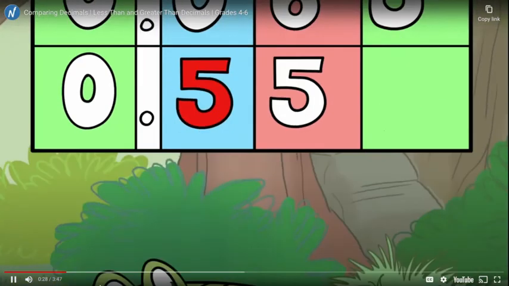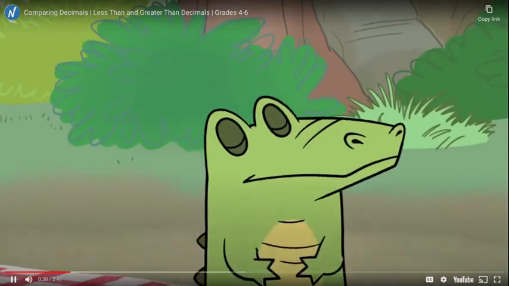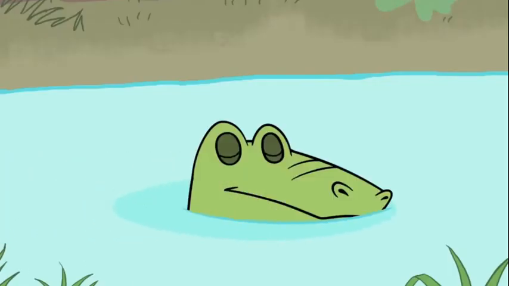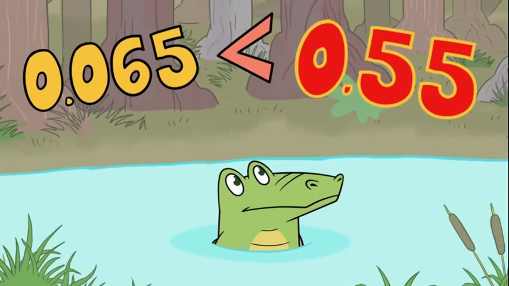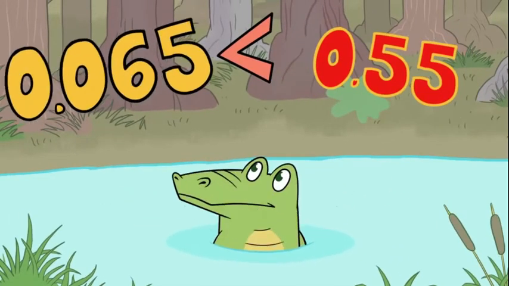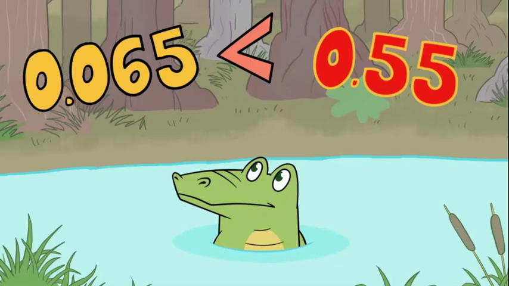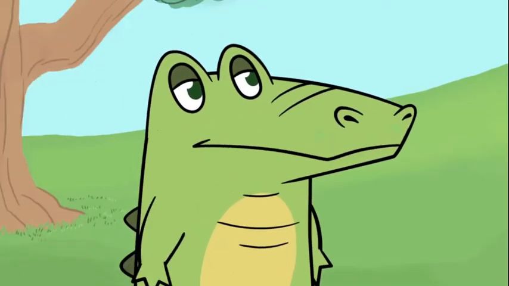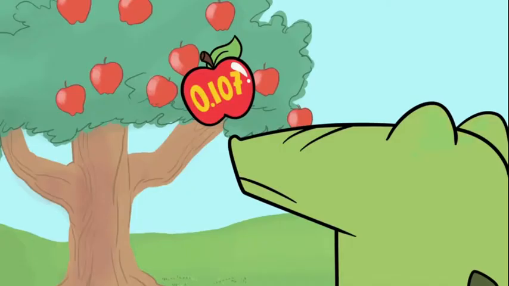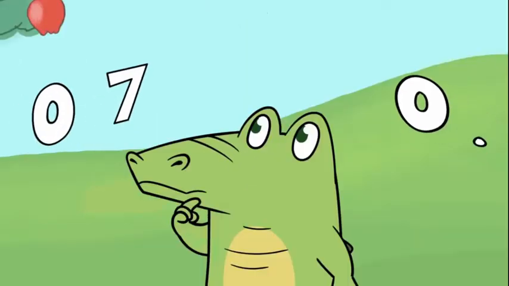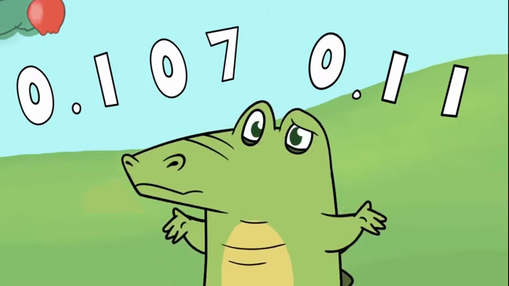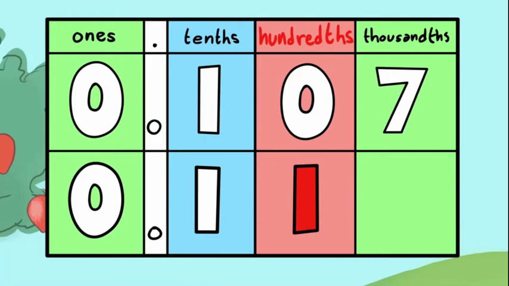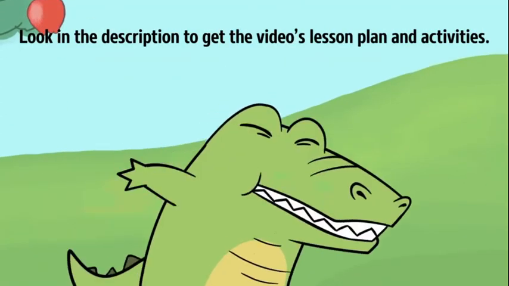Tenth place, so he takes a big bite. The hungry alligator eats the value that is greater. The value that is least is never part of his feast. 107 thousandths and 11 hundredths. The greater value is what the alligator gets. He looks at the place values from left to right. Wants the greatest hundredths place, so he takes a big bite.